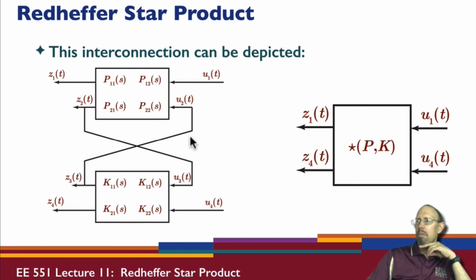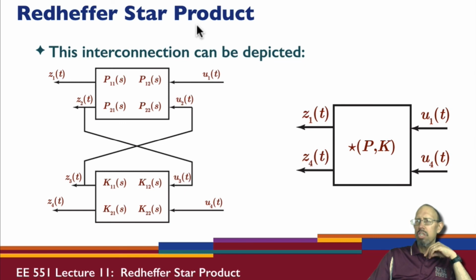And anyway, it's complicated because of all that interaction. And so the result then is I have resulting 2 inputs and 2 outputs that come into this overall thing. So whenever I do something like this, it's just going to be really complicated. And the Redheffer star product takes that into account.